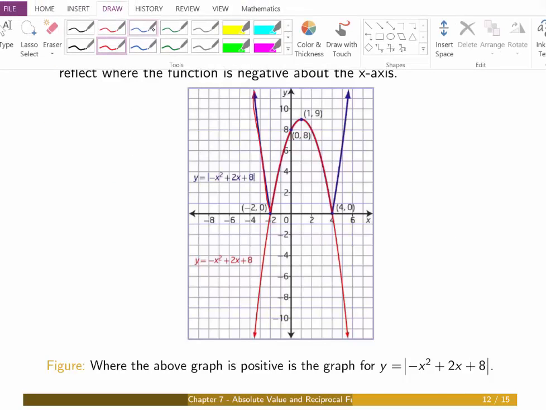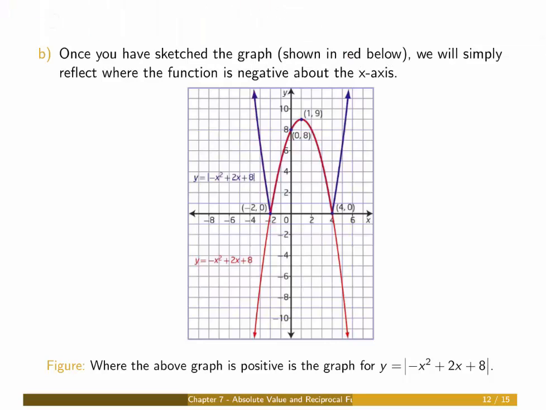Oh, it was a poor decision to use red. But in blue is the absolute value function. So it kind of looks like a hill, or like a man with two arms above his head, you could say. There's his head.